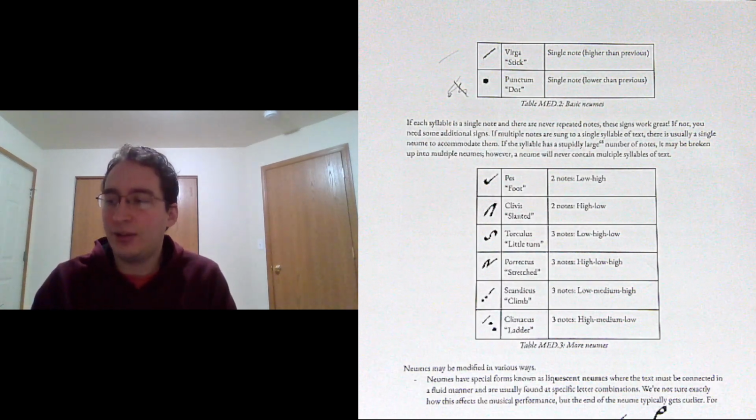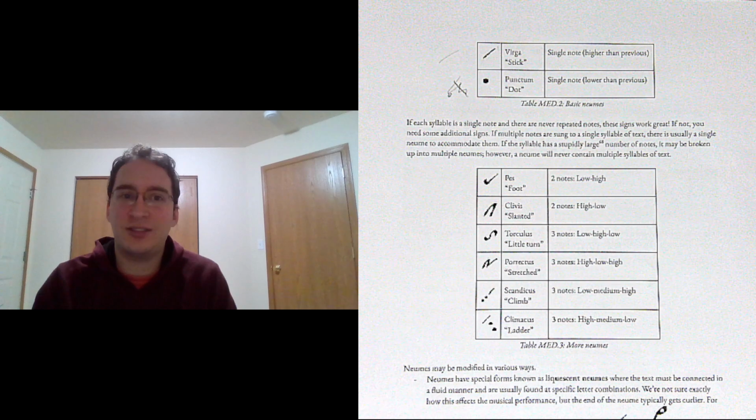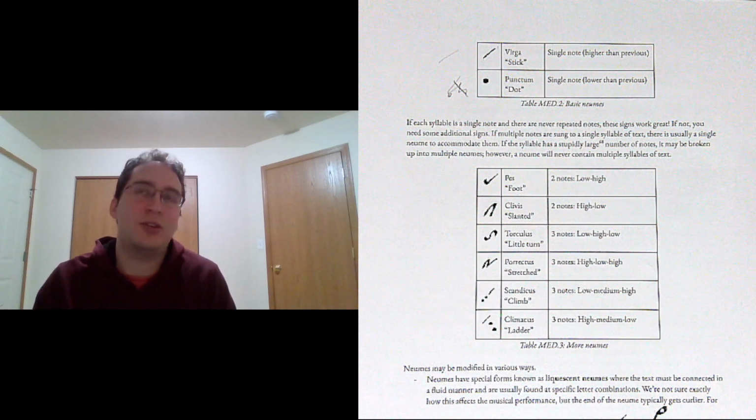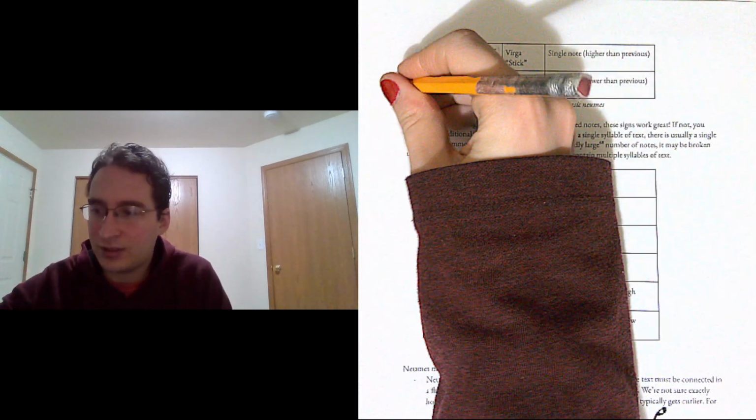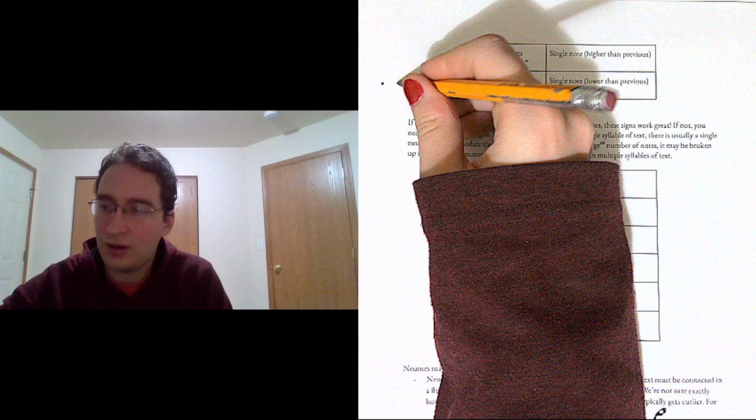So if each syllable is a single note and you never have repeated notes, this is great. So you have, I'm trying to think of a good tune, Hot Cross Buns. So you can just call the first note hot.